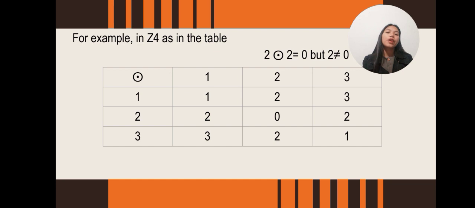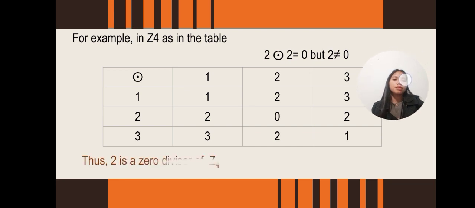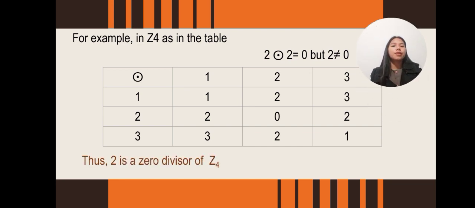We have 1, 2, 3 and we get the Hadamard product by multiplying those numbers. So we have here 2 Hadamard product 2 equals 0, but 2 is not equal to 0. Thus, 2 is a zero divisor of Z4.